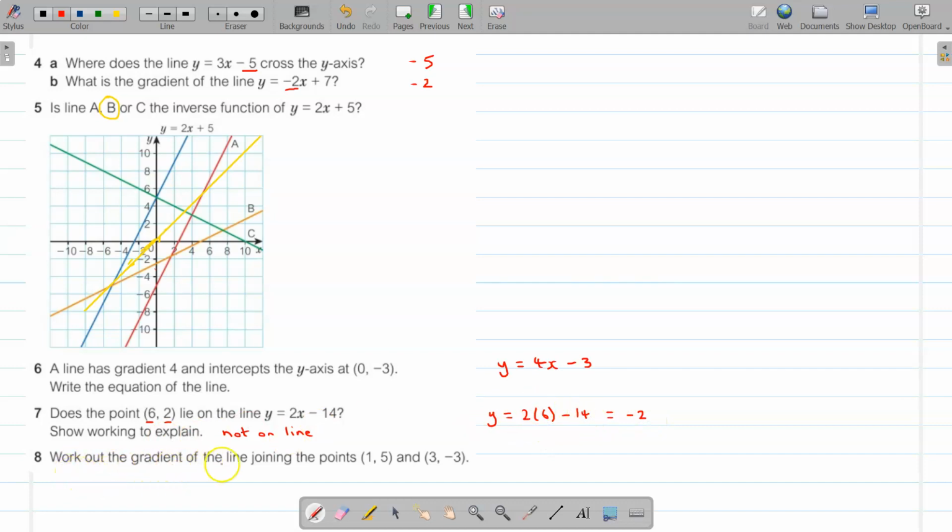Number 8, work out the gradient of the line joining the points 1, 5 and 3, negative 3. Now you can easily work it out. What you do is you subtract the y coordinates from each other and then the x coordinates in the same order.